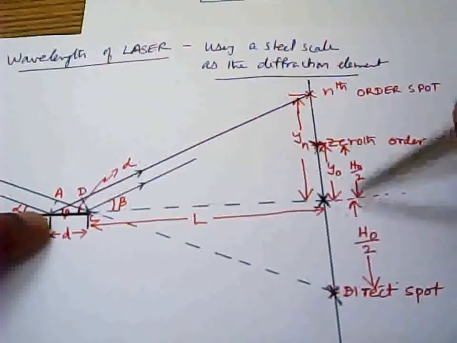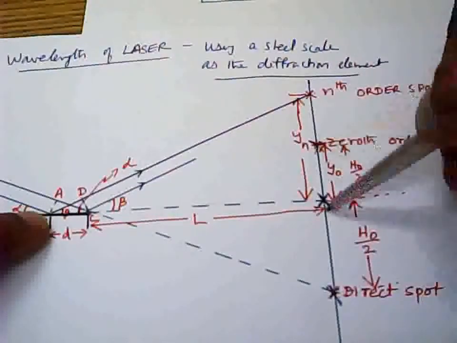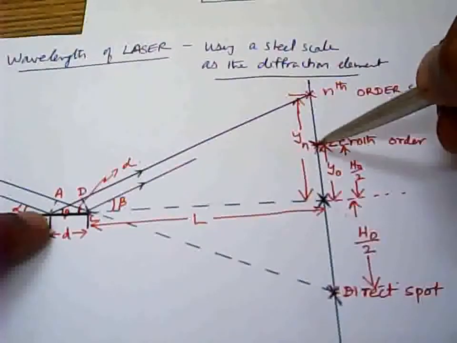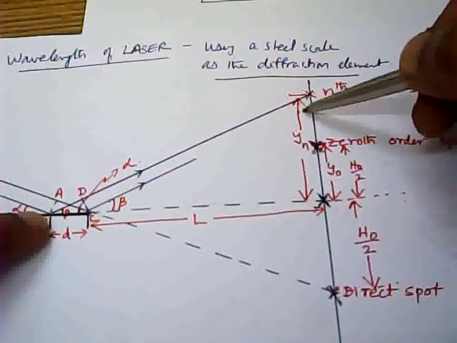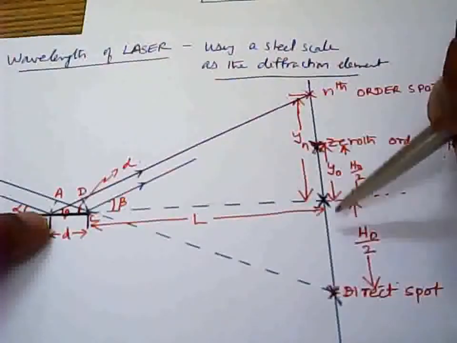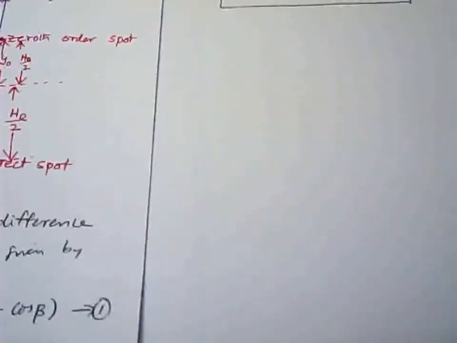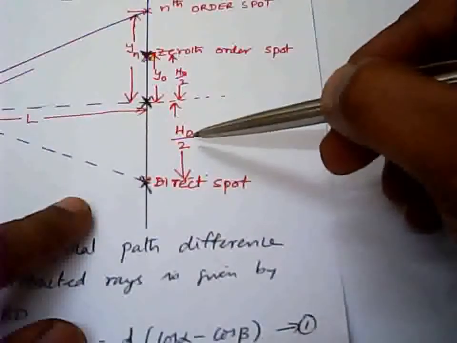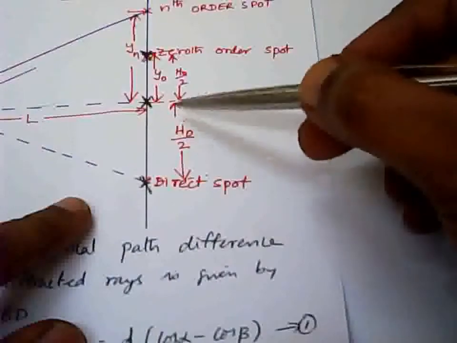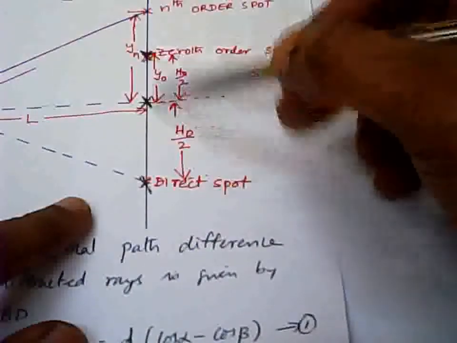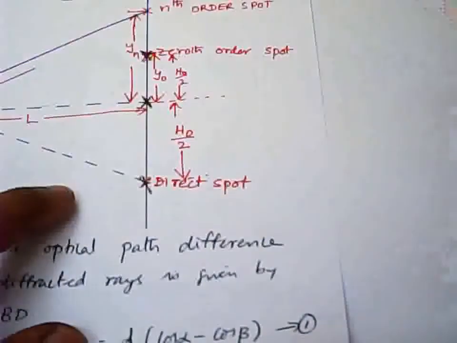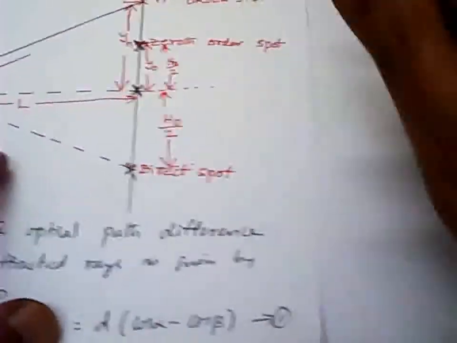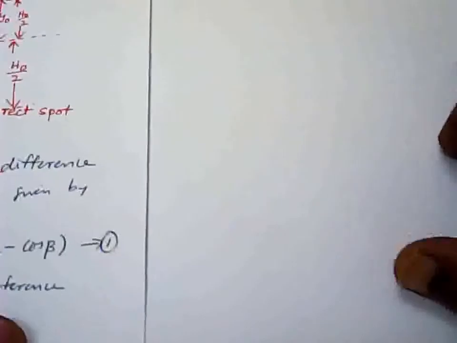From everywhere you can measure whatever spots you have out here, and you will be able to find out the value of yn for all the spots. So this is what is marked in your tabular column. When you look at the tabular column, you will see there is a quantity called h naught mentioned. That h naught is basically the difference between these two ends. Okay? And h naught by 2 is half the distance. So please notice these things.